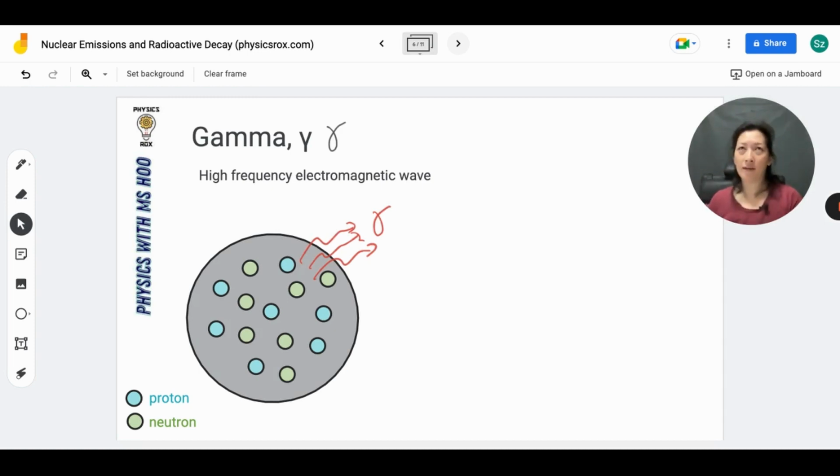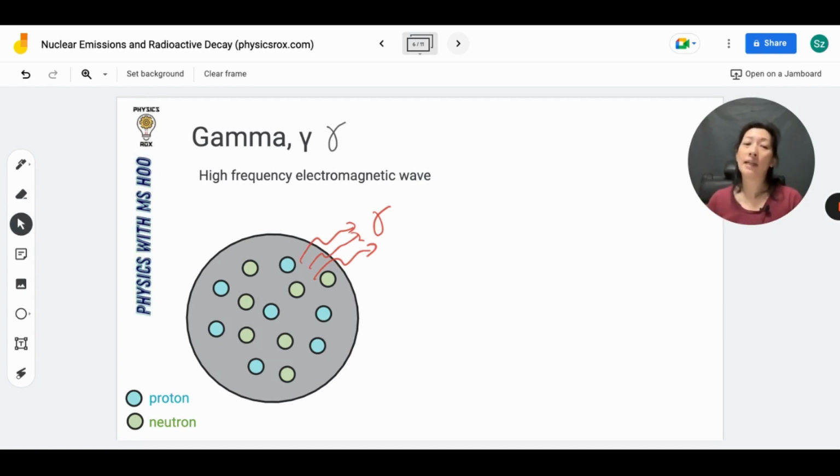Now, I know some of you are already questioning, but wait a minute. Didn't you just say that radioactivity is due to the excess weight it's carrying? So if it's releasing gamma rays, but there's no change in terms of the protons and neutrons, how does it become more stable? Good question. Gamma rays normally are not emitted on their own.